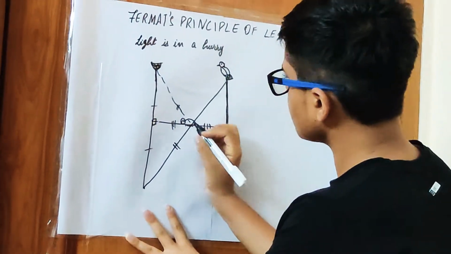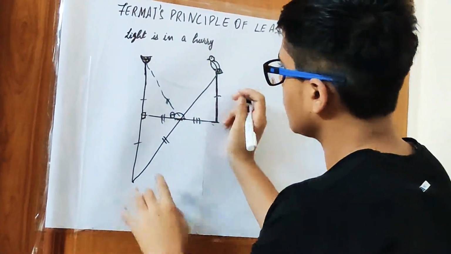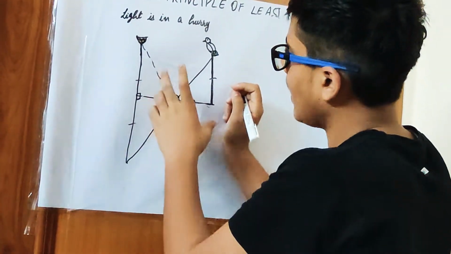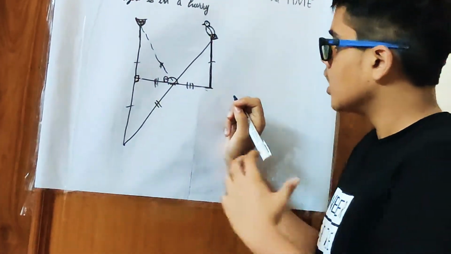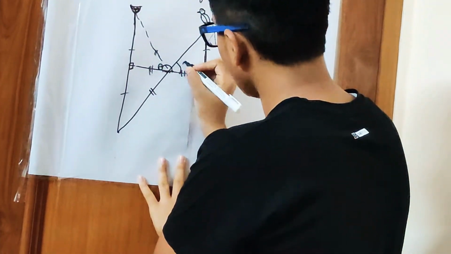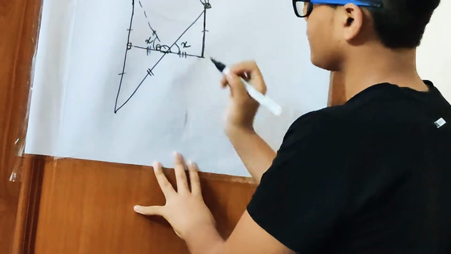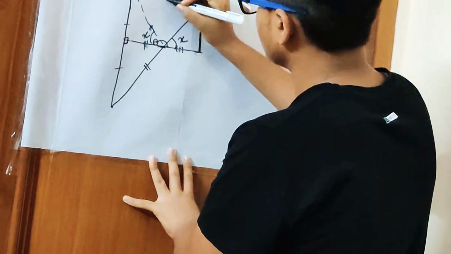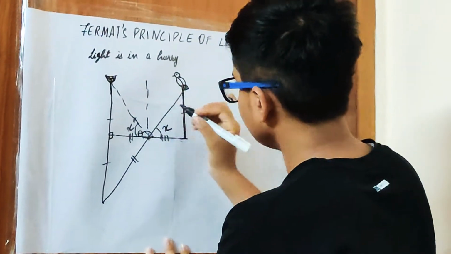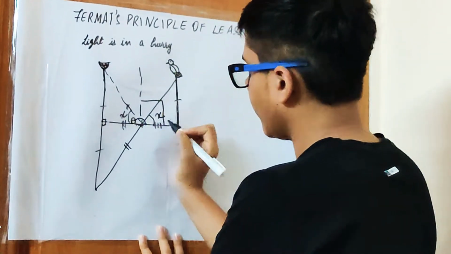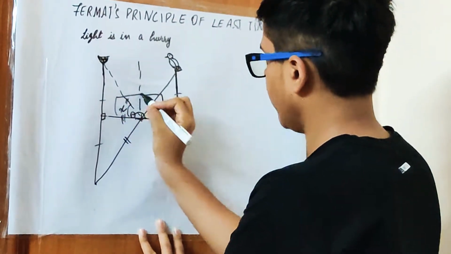Now since we have that these 2 lines are equal, and this line was already equal as these 2 poles are equal, we will have that these 2 triangles are congruent. Now if they are congruent, this angle equals x, and this angle can also be equal to x. Now let's draw the normal. I'm sure you know what the normal is. So this is equal to 90 degrees, and this will also be equal to 90 degrees.